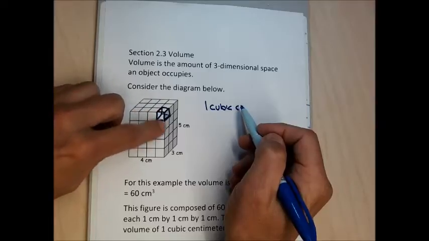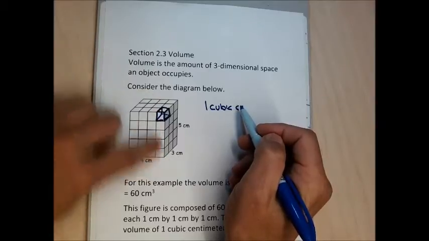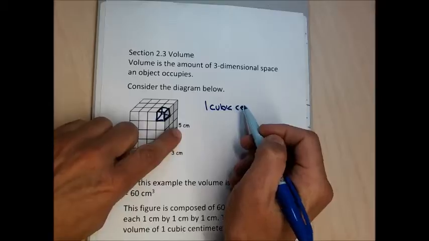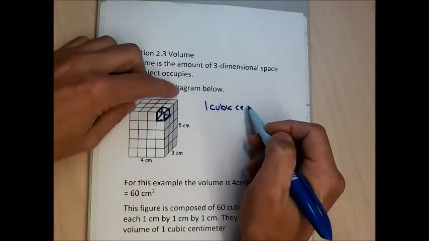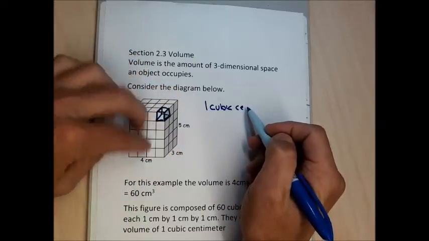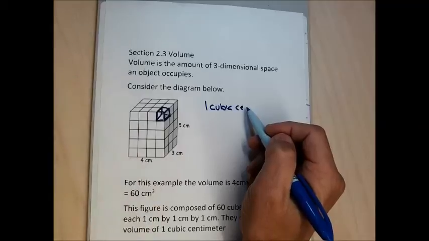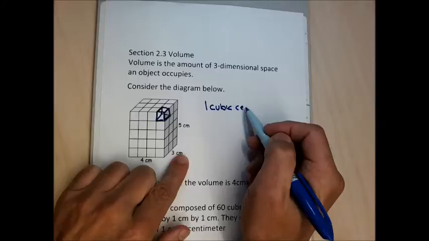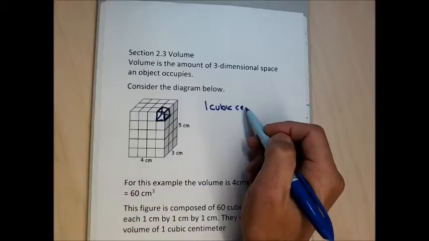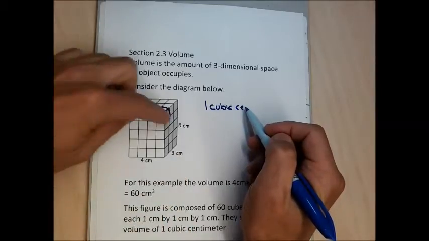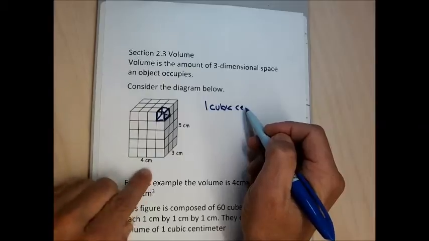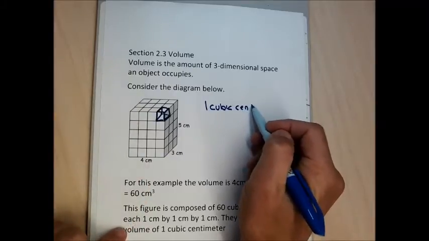There are 5 boxes going vertically because it's 5 centimeters tall. There are 3 boxes going horizontally, I guess, because it's 3 centimeters wide, for lack of a better term, and 4 boxes going in this direction. I'm not going to attempt to name that right now.